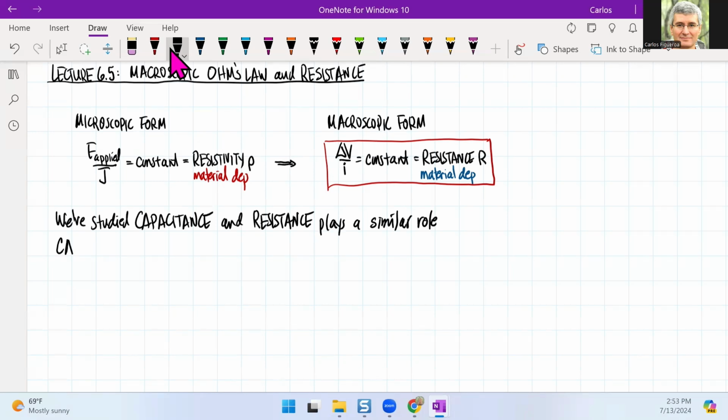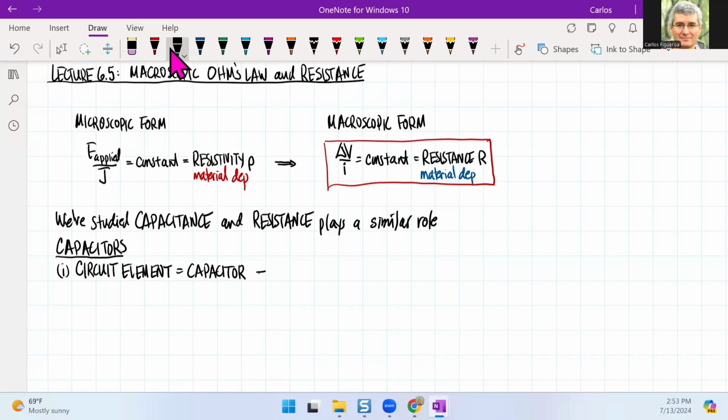So for capacitors, we did the following thing. We had our first circuit element, and this element, of course, is the capacitor.